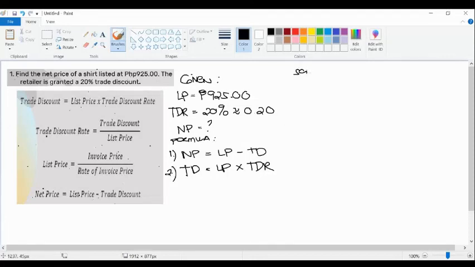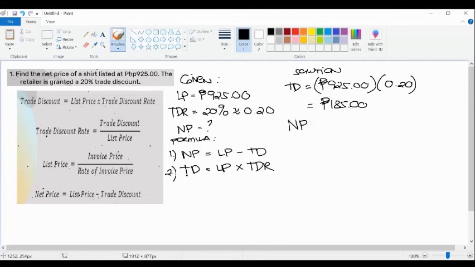Okay, so solution. Let's first find out the trade discount. So, list price that is 925 pesos times the trade discount rate of 0.20 or 20%. This will give us an answer of 185 pesos. Now, we have the trade discount. Let's compute for the net price.